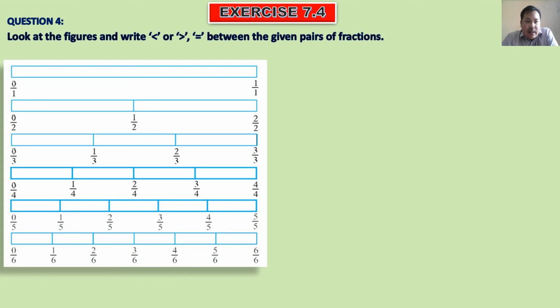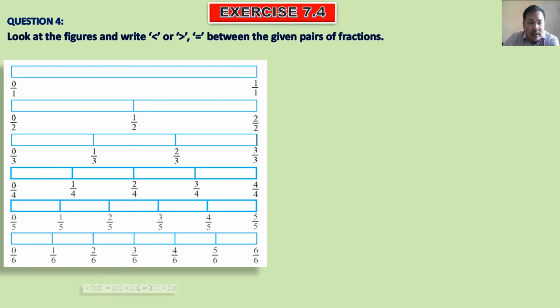Now you see we have a diagram. From this diagram we are going to put the sign of greater than, less than, or equal to. By observing it we can tell very easily. Let us see how we can do it.